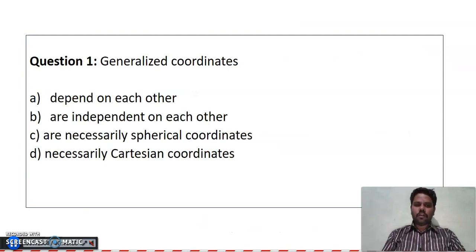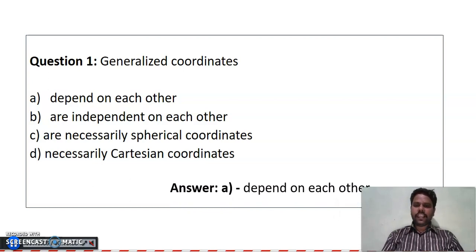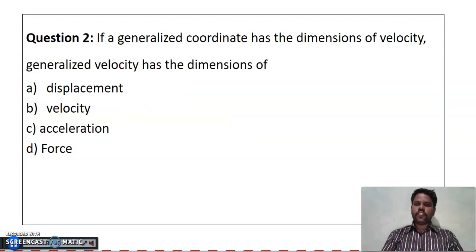Now let's have a small MCQ. Question 1. Generalized coordinates. Options A, B, C and D. The answer is option A, depend on each other. Question 2. If a generalized coordinate has the dimension of velocity, generalized velocity has the dimension of acceleration.